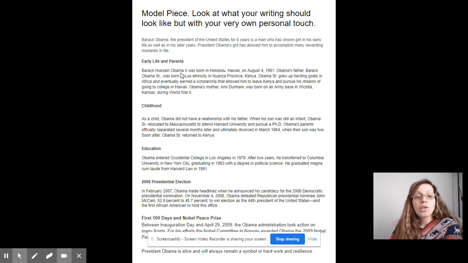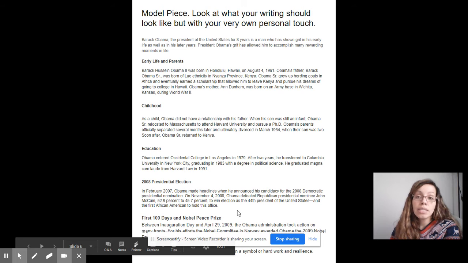So I had early life and parents. Because I didn't have enough information to just put the parents in one section, I combined both of them from my graphic organizer and created a nice paragraph. Then I talked about his childhood, then his education, then the 2008 presidential election, which is the election where he won the presidency, then the first 100 days of his presidency, and the Nobel Peace Prize.